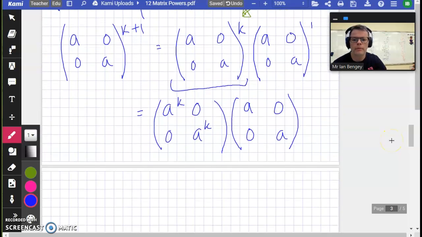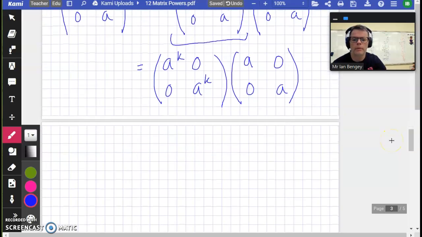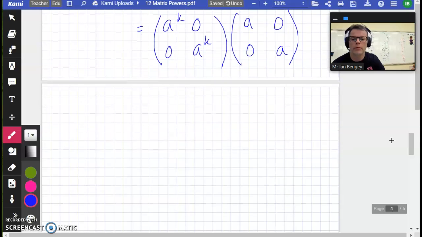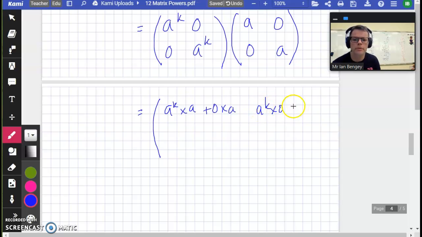And then what can I do now? Well, my multiplication of matrices, I know how to do this. Top left: a to the power k times a plus 0 times 0. Top right position: a to the power k times 0 plus 0 times a.